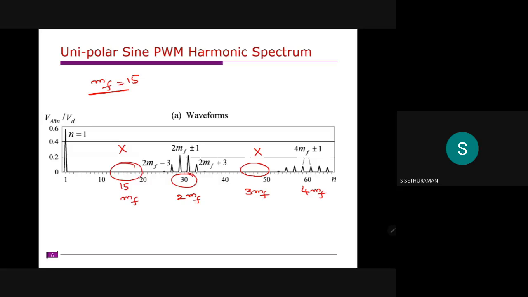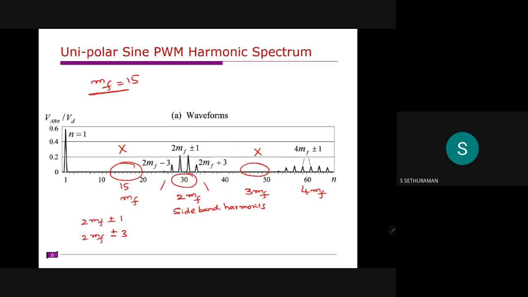But exactly at 2 MF, that is corresponding to 30, you have no harmonic. Similarly, corresponding to 60, you have no harmonic, but these sideband harmonics are present. That means you have harmonics at 2 MF plus or minus 1, 2 MF plus or minus 3.